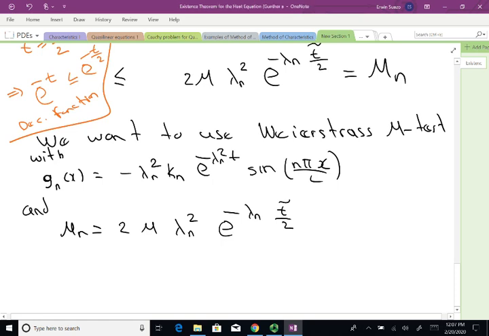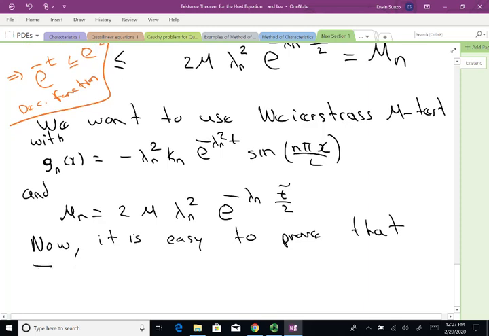Now it's easy to prove that the sum of m sub n is less than infinity.